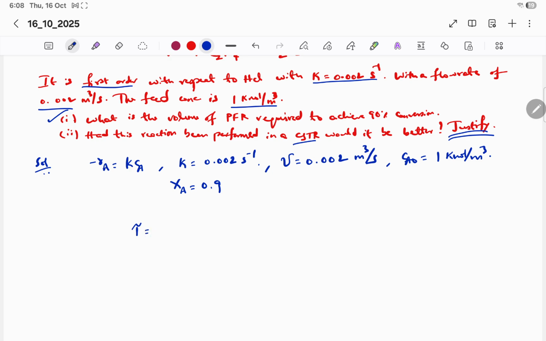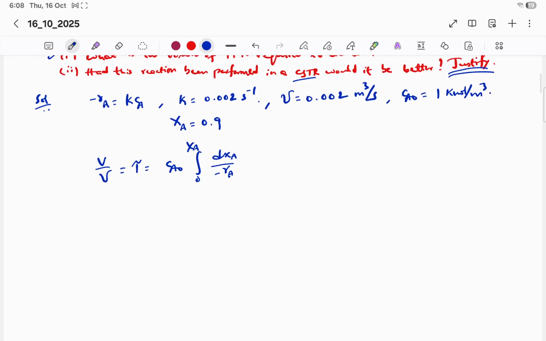Tau is equal to CA0 integral 0 to XA dXA by minus rA. Here tau I can write as the ratio of volume by volumetric flow rate. So volume by volumetric flow rate is equal to CA0 integral 0 to XA dXA by k into CA, since it is a first order reaction.